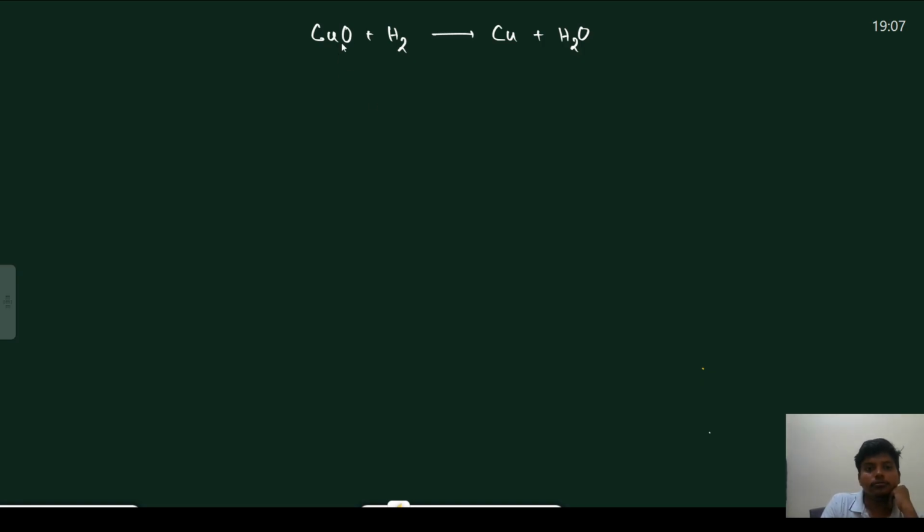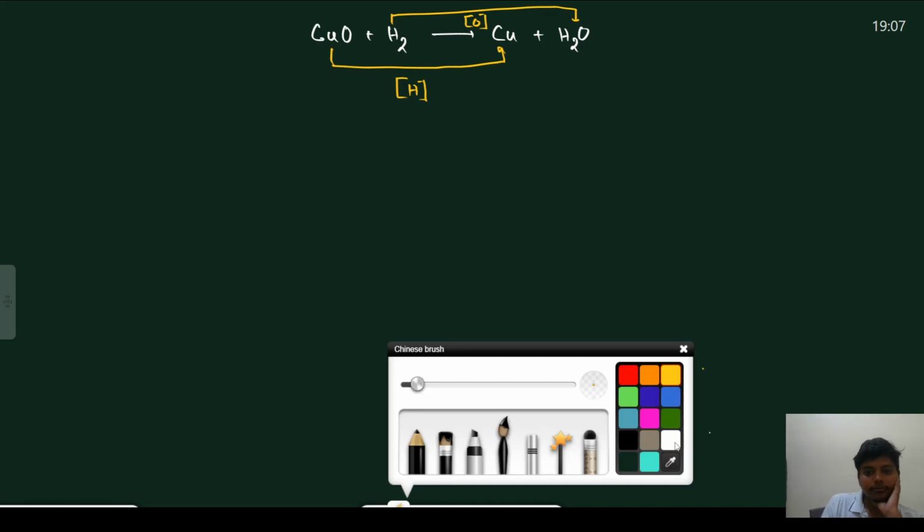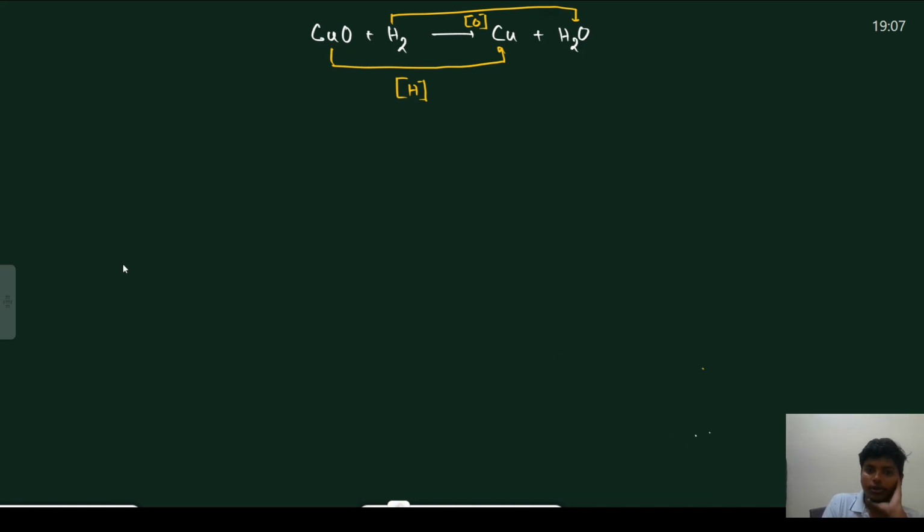CuO to Cu is reduction, removal of oxygen. And hydrogen to water will be oxidation, addition of oxygen. Easy. Clear or not? Sarvesh, did you understand this?